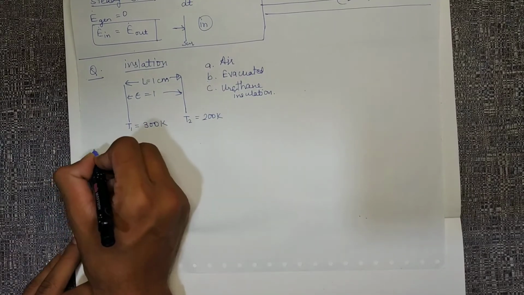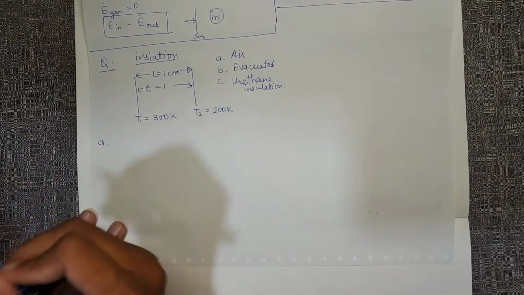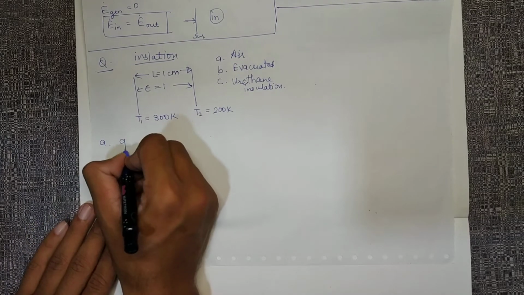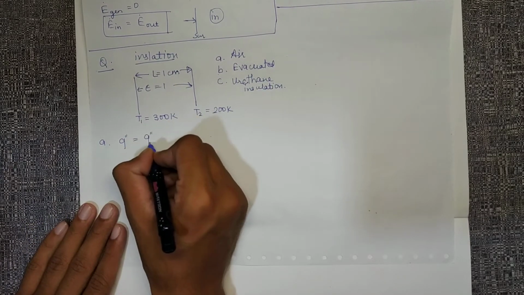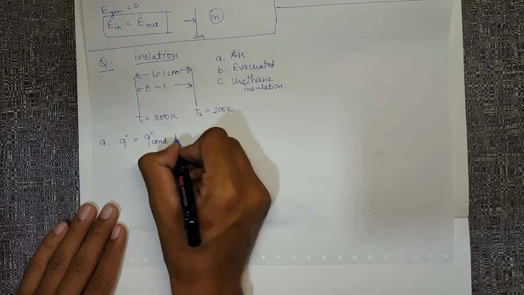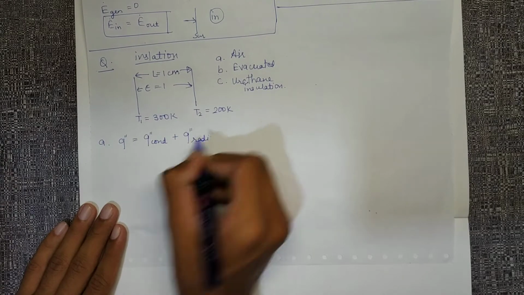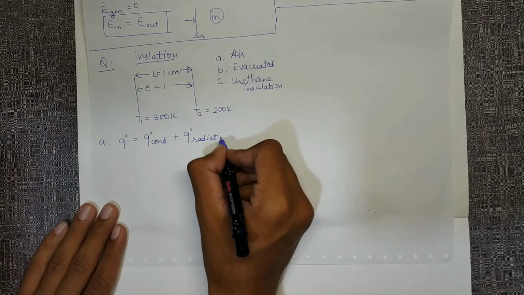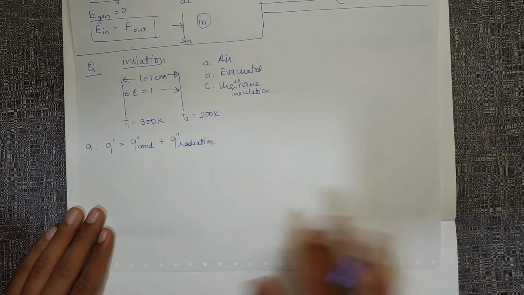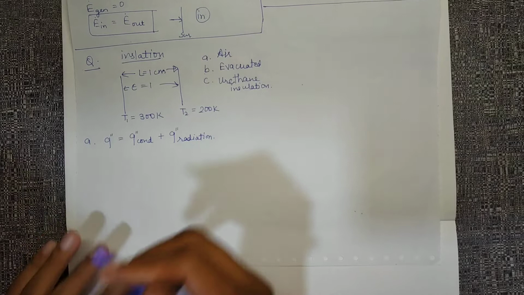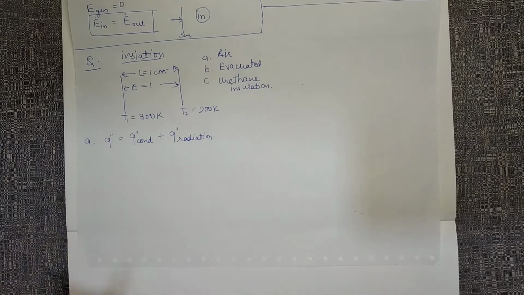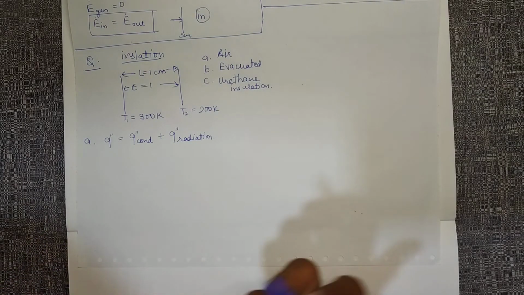So in the case of air, what will the heat flux involve? Heat flux means Q double dash. It will be due to conduction plus radiation. There is air, so there can be convection, but we'll assume the convection is negligible.